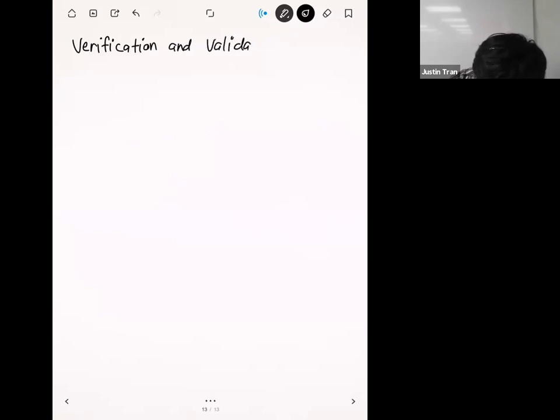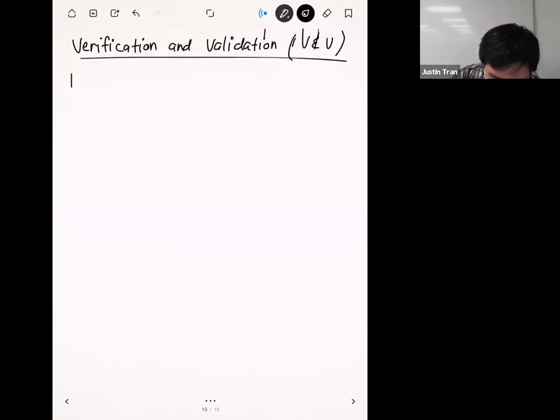The two methods that are used to do this are verification and validation. Oftentimes people call this V and V. All right, so let's define these first and see what they mean.